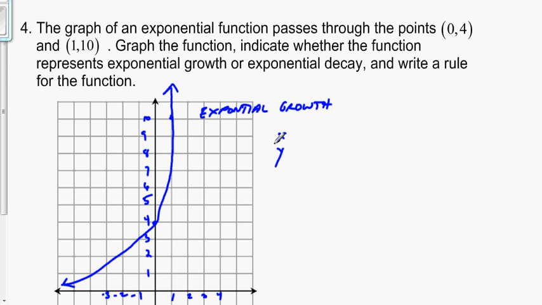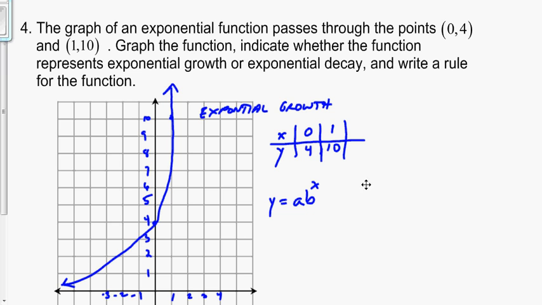So I will make a table. Now, we don't have a lot of information here. But we do have enough, again, because of the fact that we are told that it's exponential. That's our function, or that's our template for an exponential function.